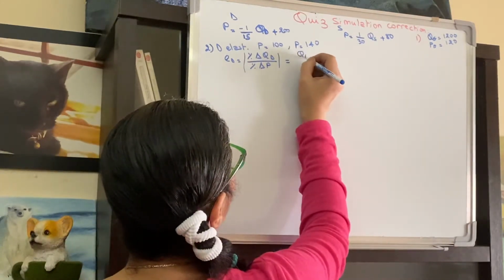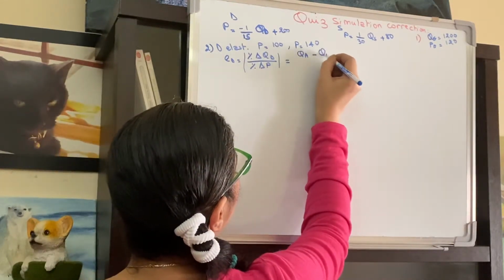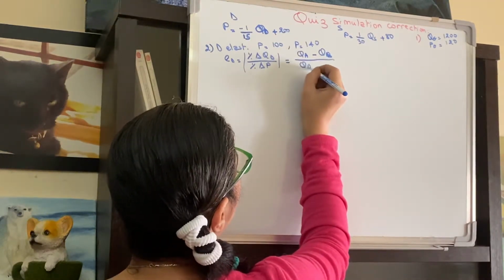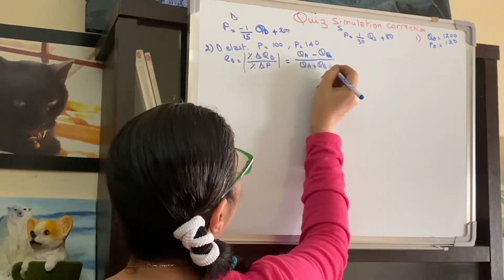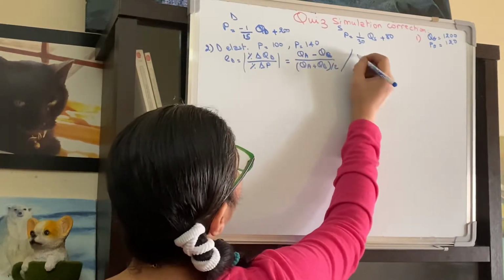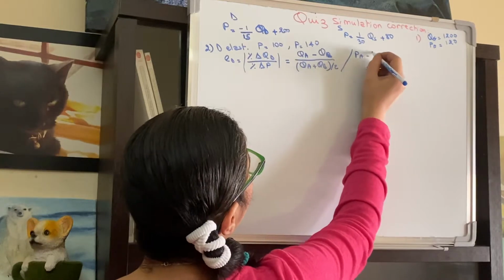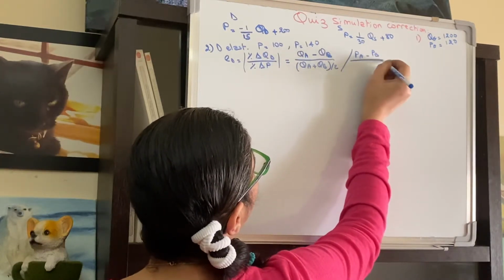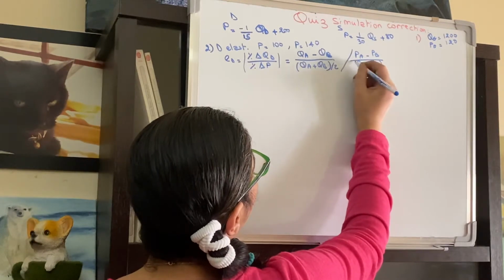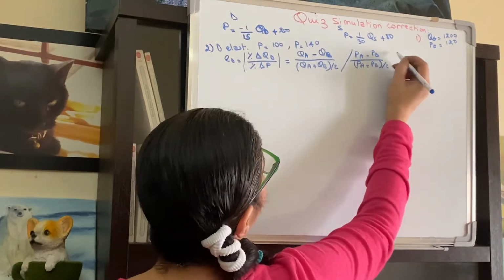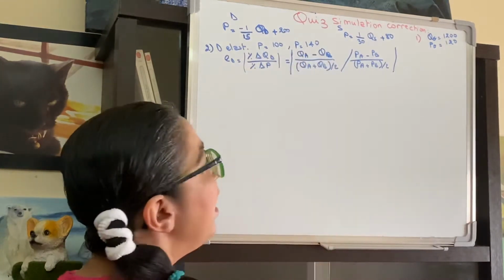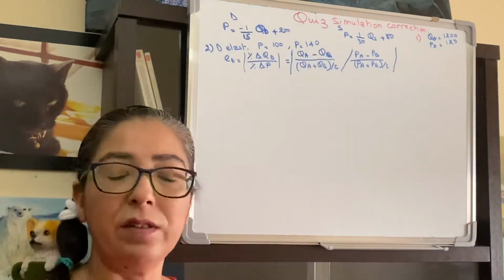So I have QA minus QB over QA plus QB, everything over 2, everything over PA minus PB over PA plus PB over 2, and absolute value for everything because the elasticity is always positive.